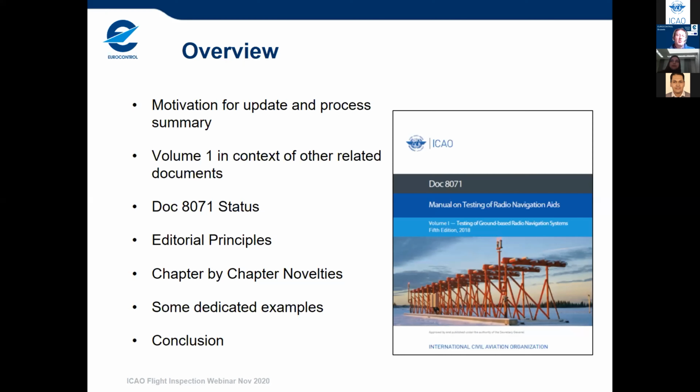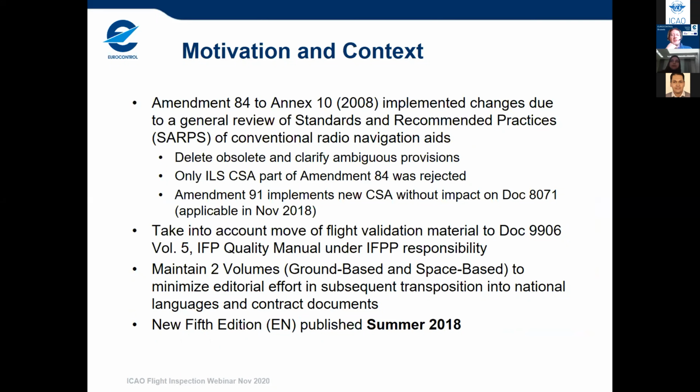I'm the rapporteur of the ICAO NAV systems panel conventional navigation and testing working group. So sometimes we struggle with finding the right words, and then I also give some chapter by chapter examples. So the big reason to update the document was really Amendment 84 to Annex 10 in 2008.